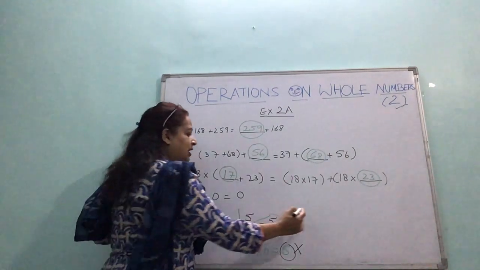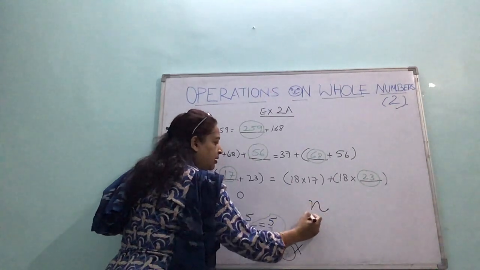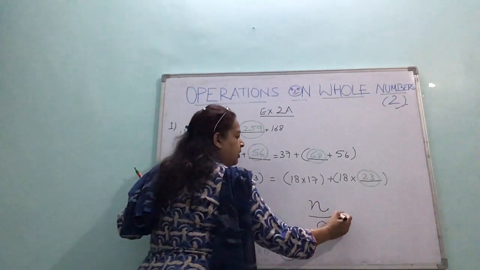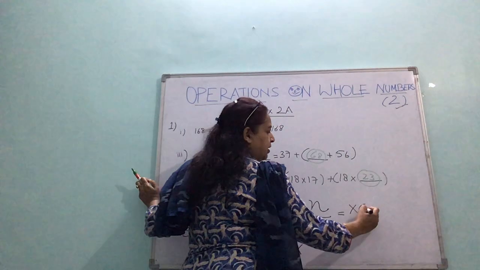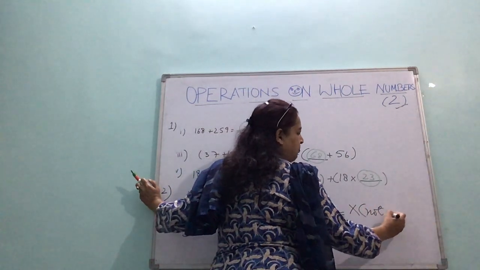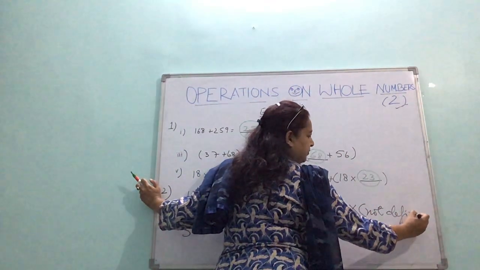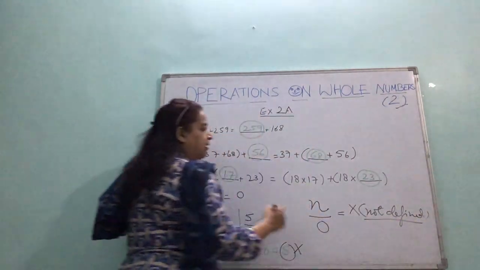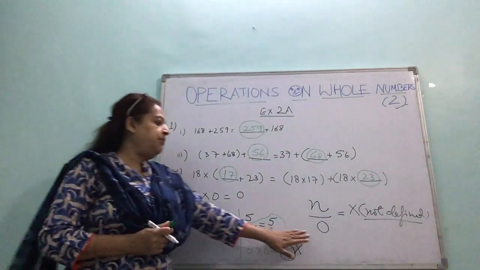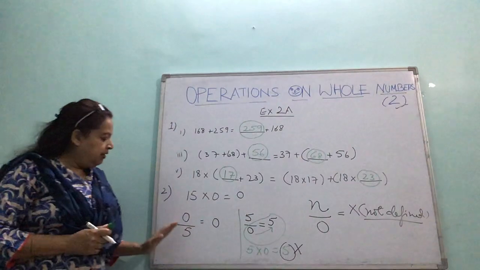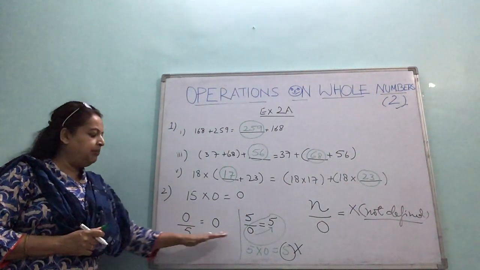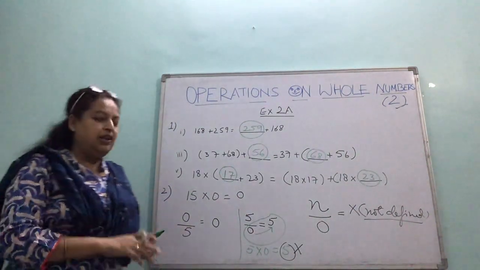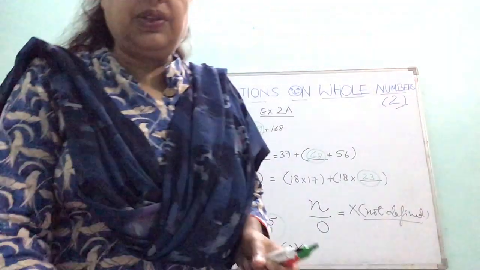So that means any number divided by 0 cannot be defined. Not defined, not possible. We cannot put any number if any number is divided by 0. But yes, 0 divided by a number will be 0. So remember that. Now I can proceed with the next question.